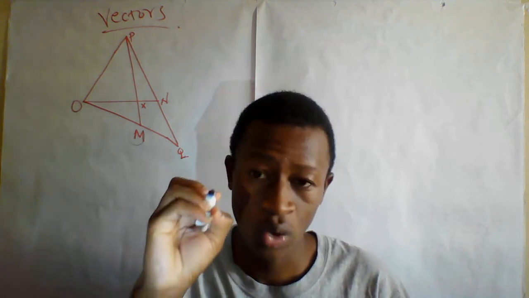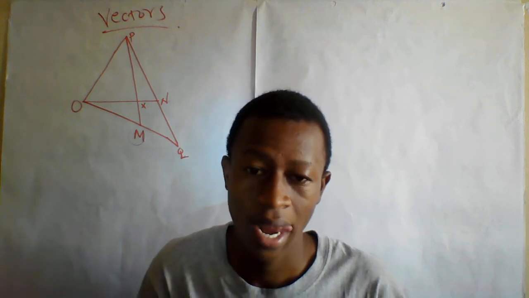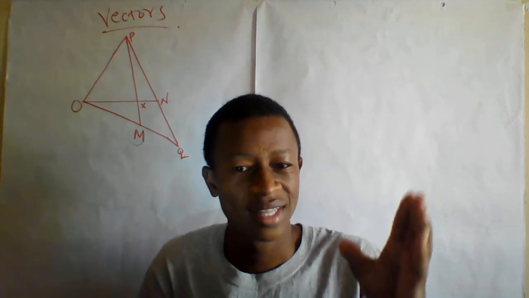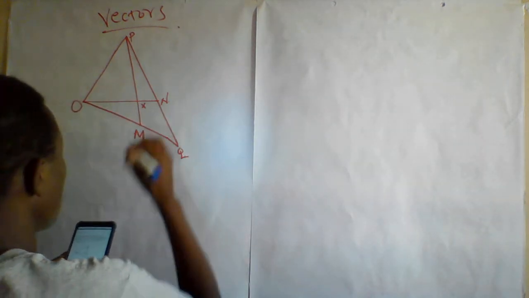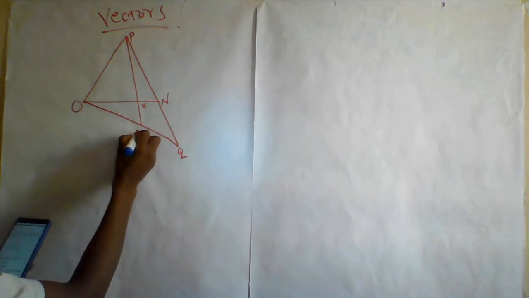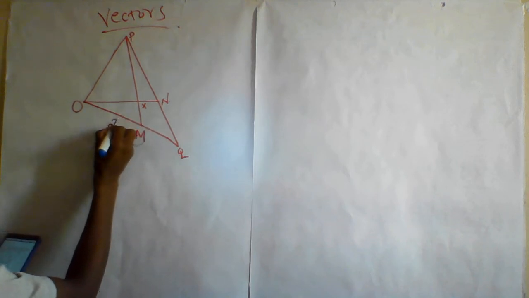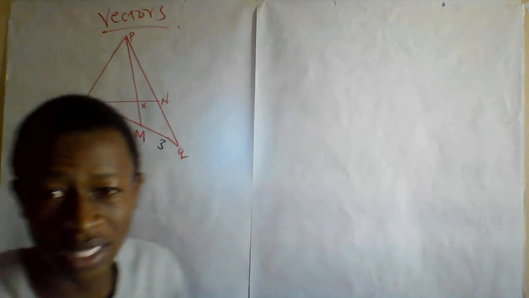the ratio of 2:3. If you see that, just answer it. You have been told that OM is divided in the ratio of 2:3. Sometimes don't look at the distance.